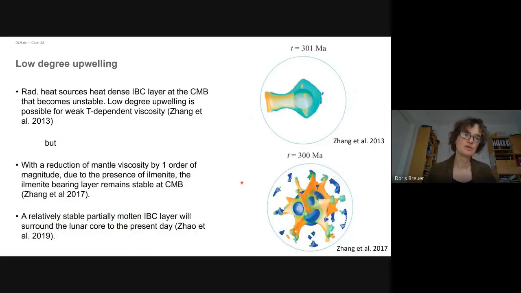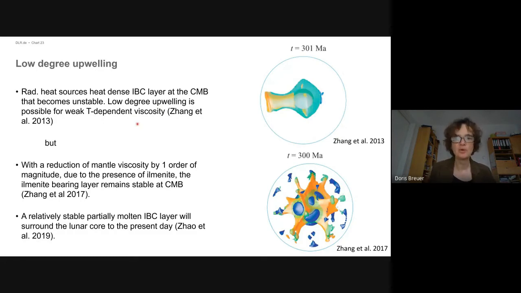At this point, I also want to mention the idea that we can have low degree upwelling. That's a different situation. We already have the IBC at the core mantle boundary. This IBC layer has a high density, but it also brings a lot of heat sources with it. You can heat up this dense layer from the core mantle boundary and it becomes unstable. Under specific situations, it can have a low degree upwelling in the case of a weak temperature-dependent viscosity.